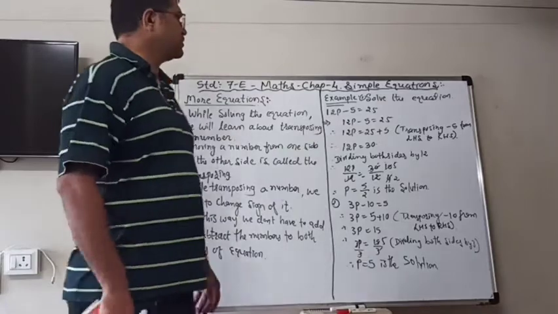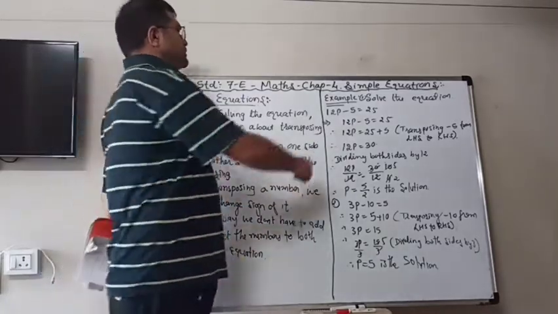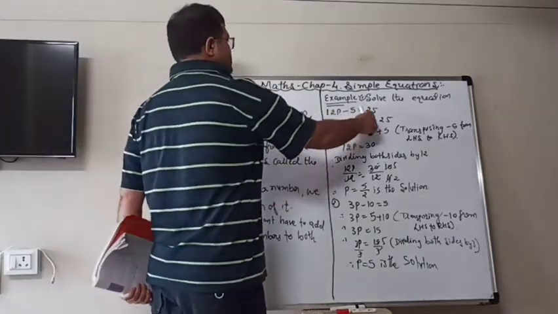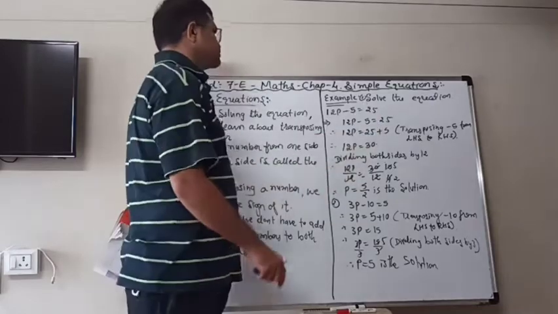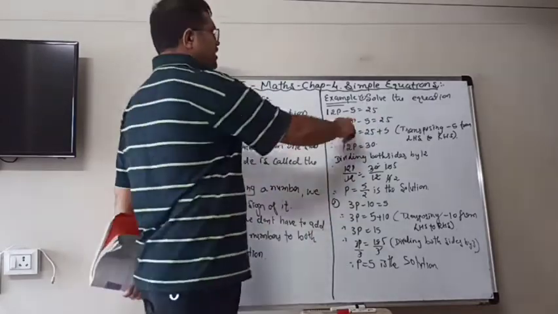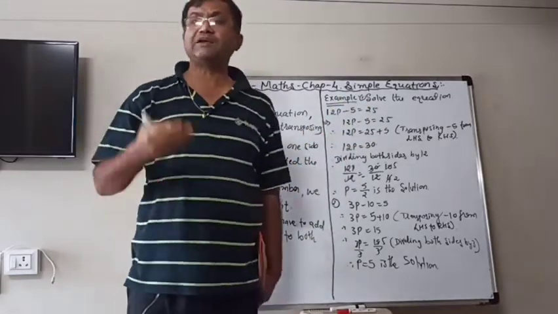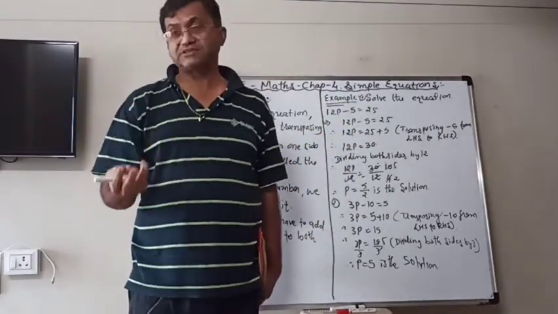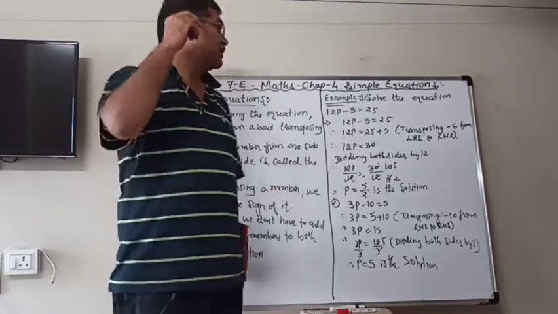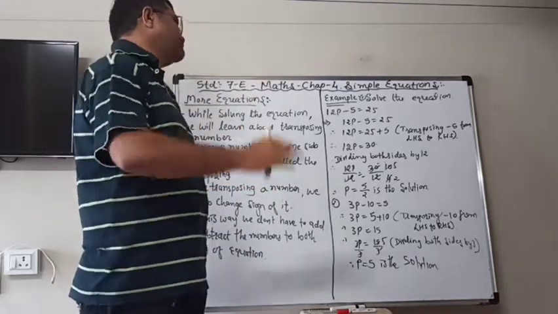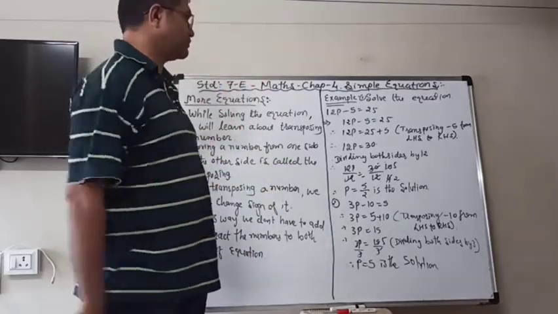Look at the equation, 12p minus 5 is equal to 25. As you know, here what will we do? If it is not transposing, add 5 to both sides. So we will write it down: 12p minus 5 plus 5 is equal to 25 plus 5.